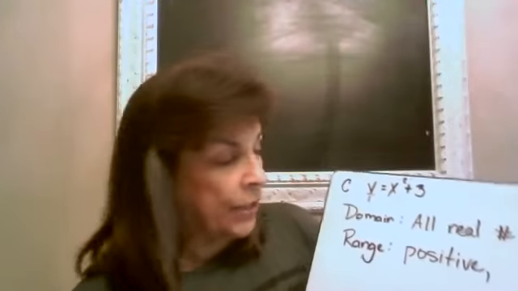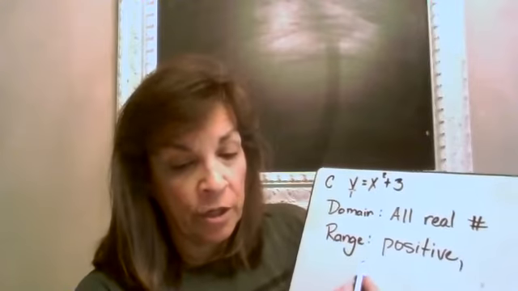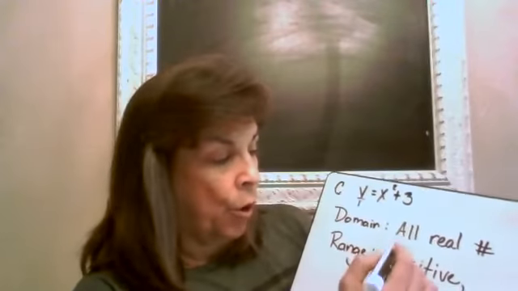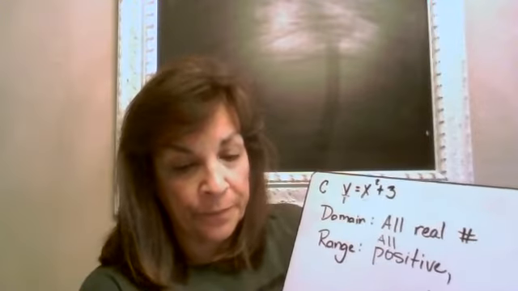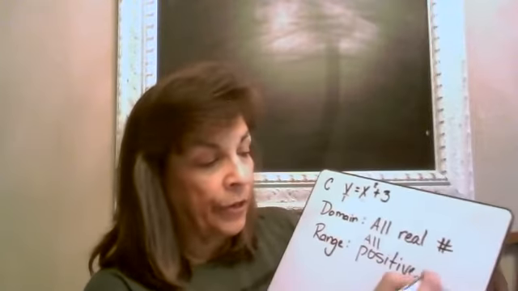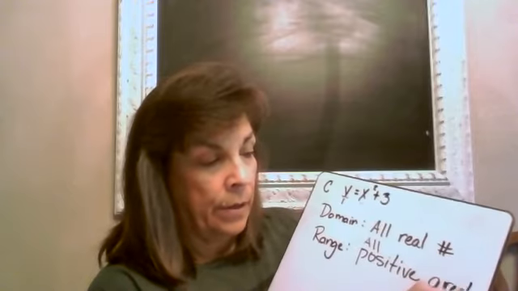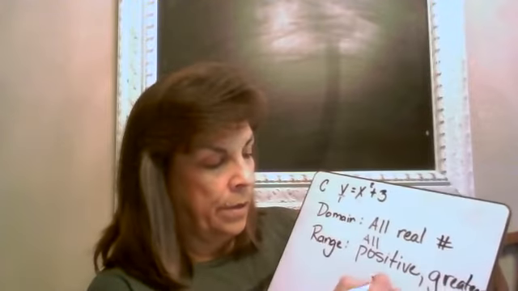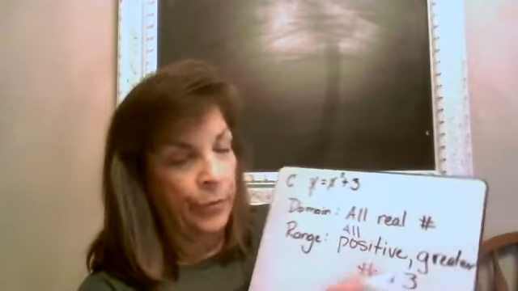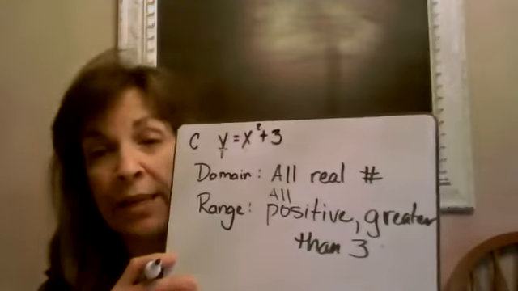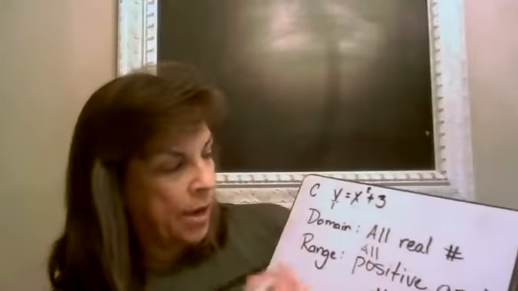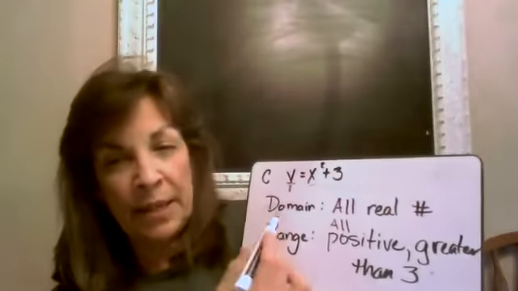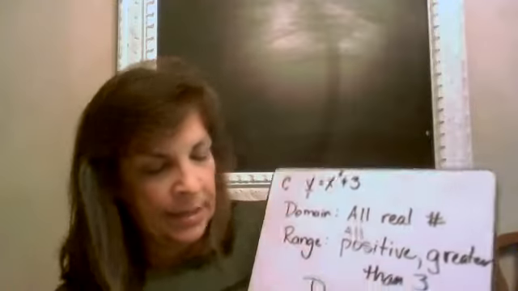So the correct answer for my range would be all positive numbers greater than 3. There's no way I can get underneath 3. So the correct answer to lesson 116, practice C, is D.